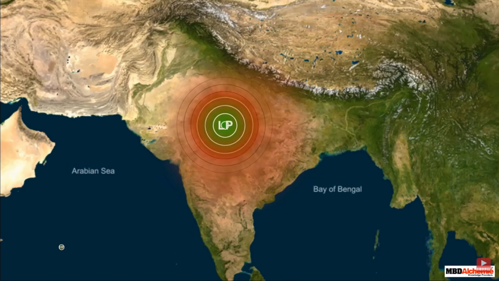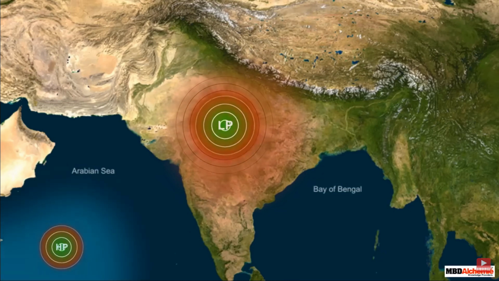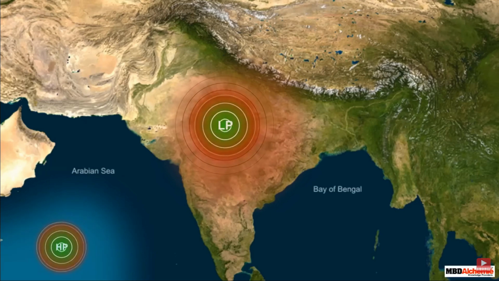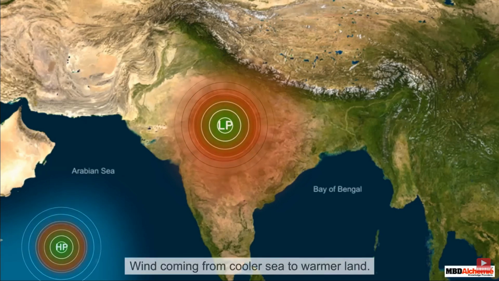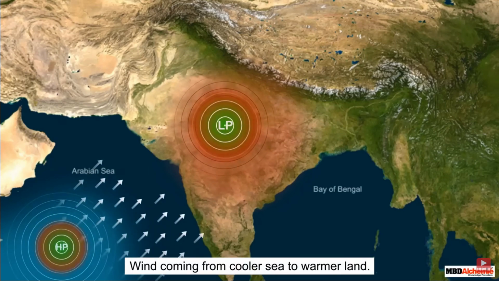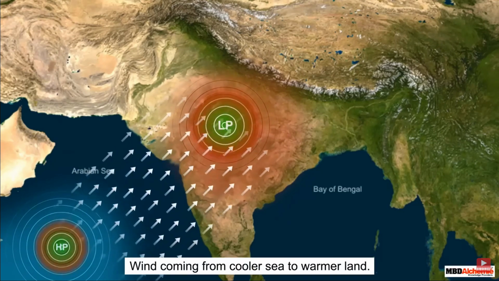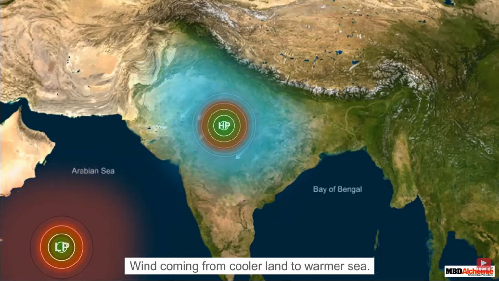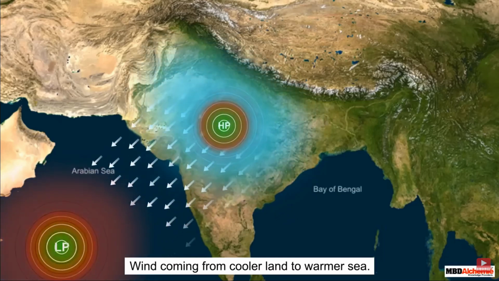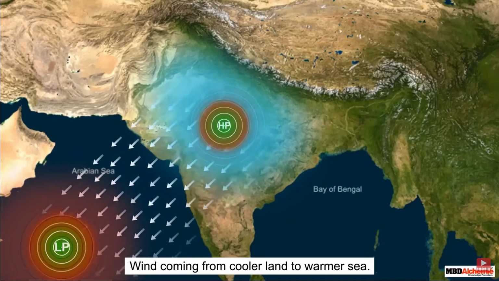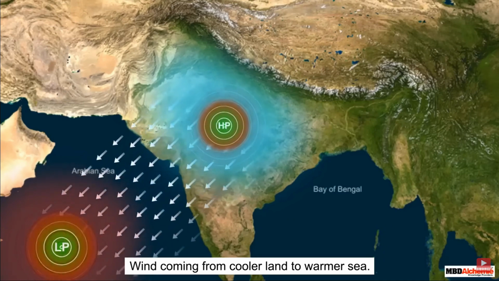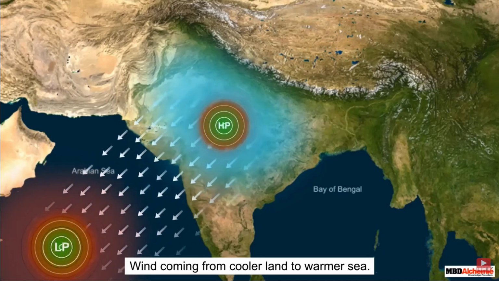Simultaneously, high pressure condition develops over the seas and oceans surrounding India. Thus, a steady flow of moisture-laden wind moves towards India and causes rainfall for almost 3 months. As the pressure system reverses due to apparent shifting of the sun from the Tropic of Cancer to the equator, the wind also reverses back to the same direction from where it comes.